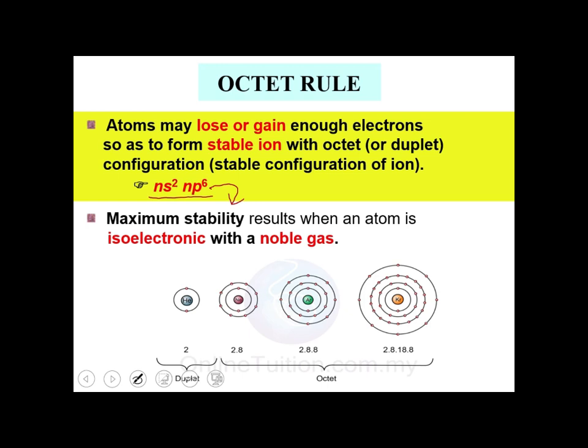So we say it has noble gas configuration. If they gain or lose electrons, we say that the electronic configuration of that atom is isoelectronic with a noble gas.